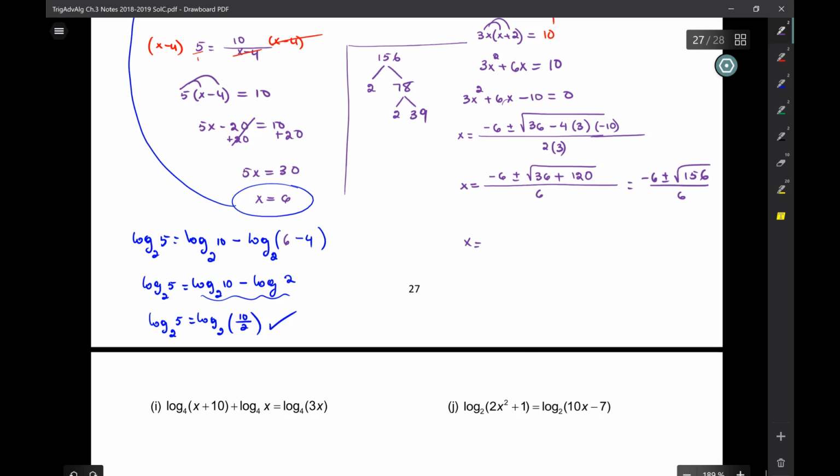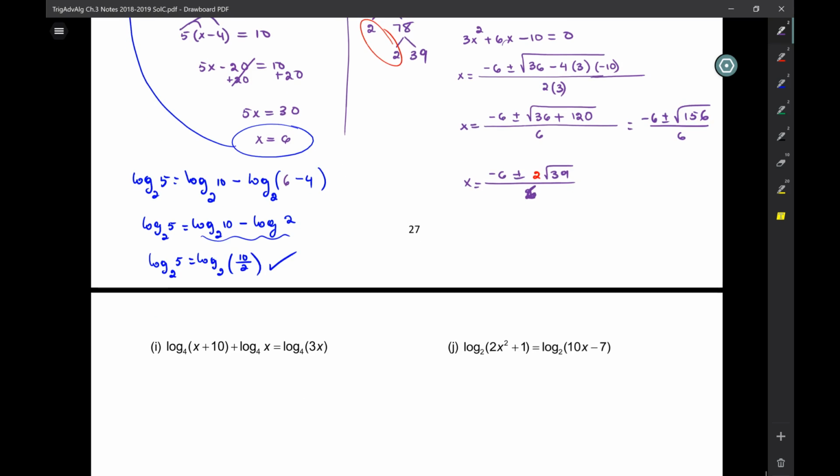So negative 6 plus or minus, the 2 comes out, and the 39, which couldn't find a partner, stays in, all over 6. Now you can divide everything by 2. So, negative 3 plus or minus root 39 over 3.